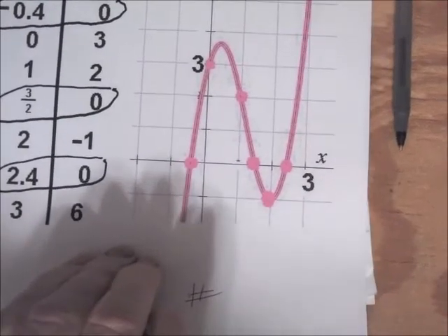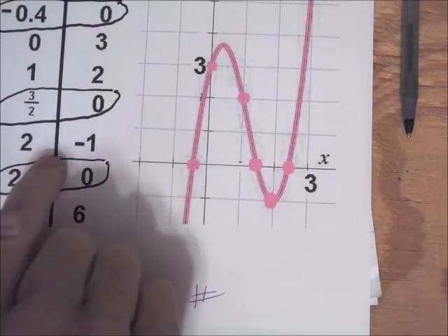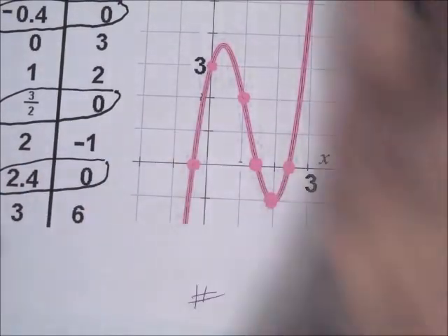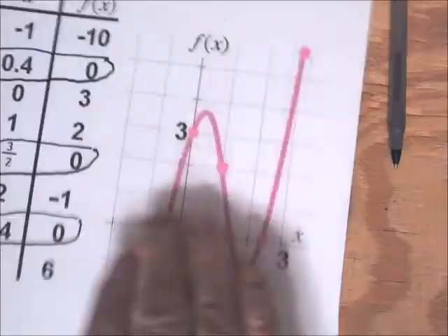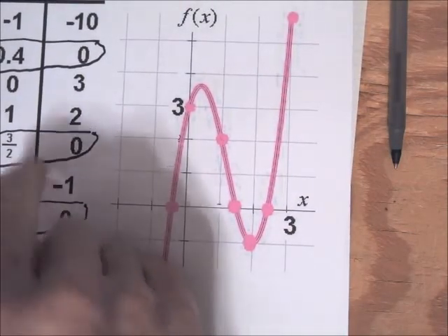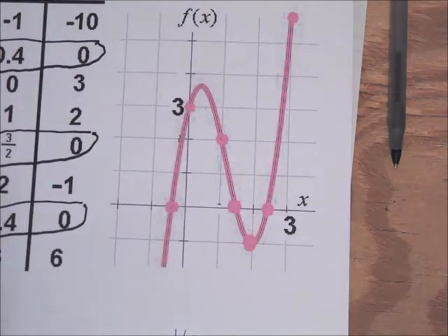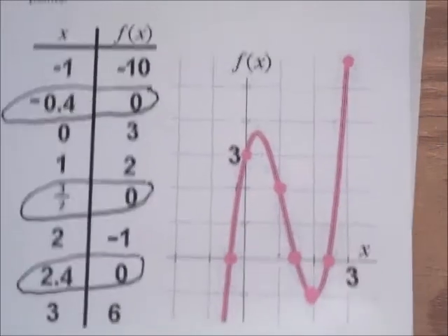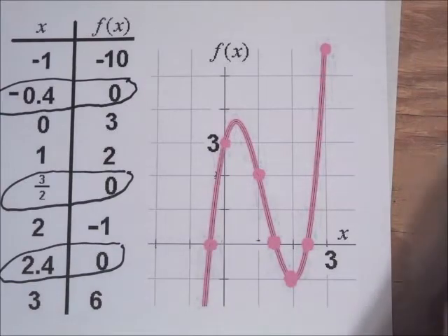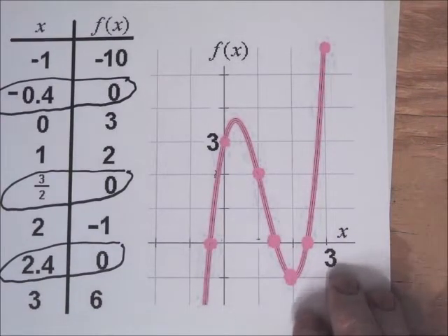The value at 2 we didn't do with synthetic division, but if you plug in 2, you can get a value there. I wanted some number between 3/2 and 2.4, so I put a 2 in there to get the full shape. Then we plot the points and connect the dots. That gives us the graph, and that concludes this presentation.